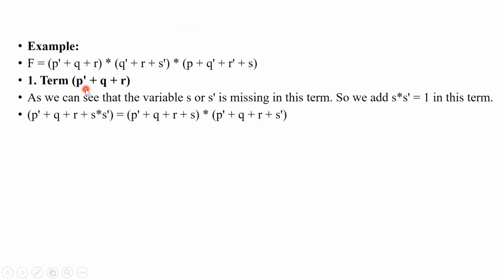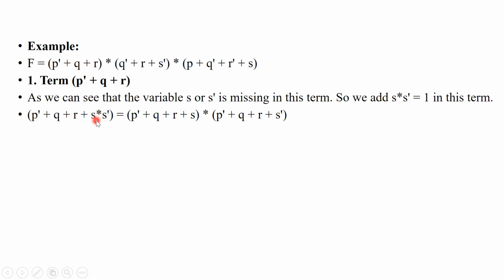Okay, so suppose I take the first term, P dash plus Q plus R, and S dash is there. Both places it was a typing mistake. So S into S dash, I'm taking it as 1. Okay, so I am adding that 1 over here.